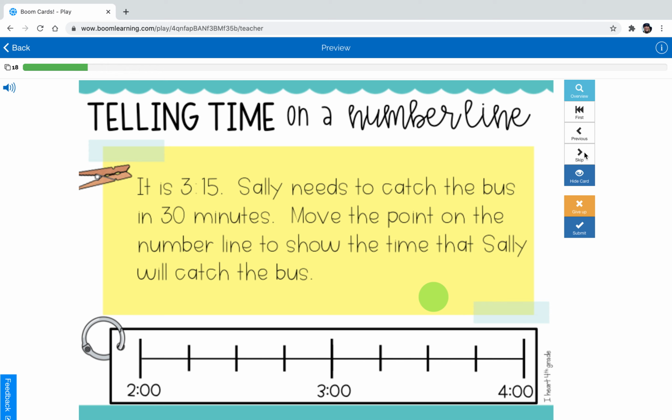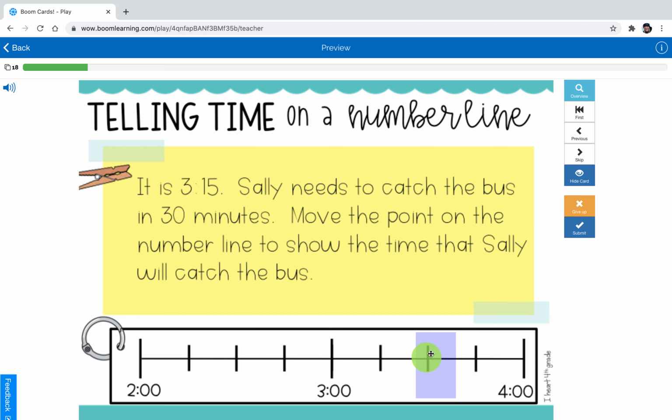Okay. This one's a similar question to that, so I'm going to keep going until I find another one. Here we go. It is 3:15. Sally needs to catch the bus in 30 minutes. Move the point on the number line to show the time that Sally will catch the bus. All right, well, I need to find 3:15. Here's 3 o'clock. I'm going to find 3:15. The next line is 3:15 because I skip counted by 15s. And then it says she catches the bus in 30 minutes. Okay, so I'm going to skip count.